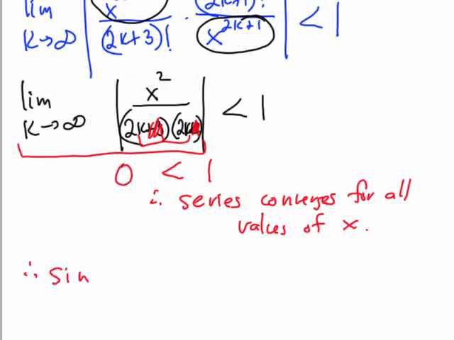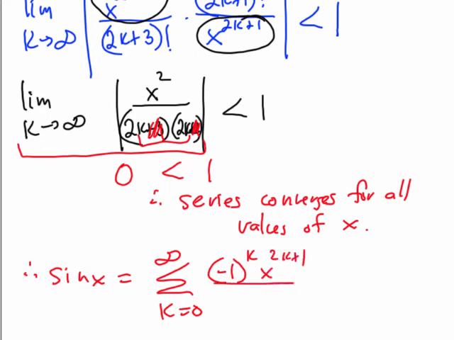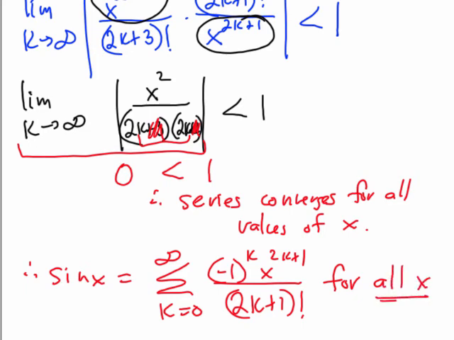Therefore, we're saying that sine x is equal to this Maclaurin series when the series converges, and we've shown that the series converges for all values of x. So my interval of convergence is x is all real numbers.